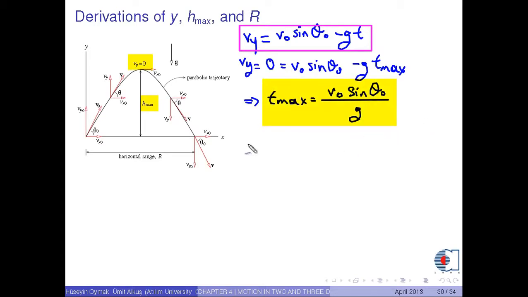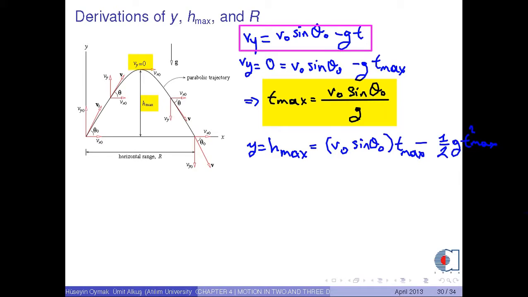Plugging this result into the equation for y, we obtain y equals hmax equals V0 times sine theta 0 times Tmax minus 1 over 2 times g times Tmax square.